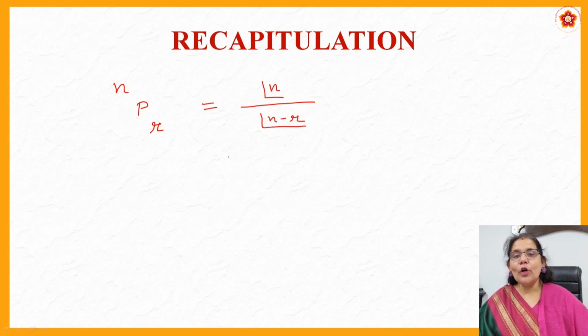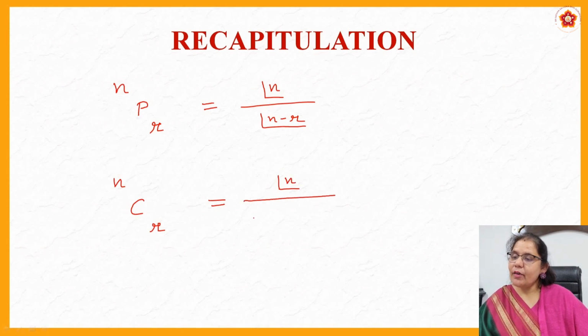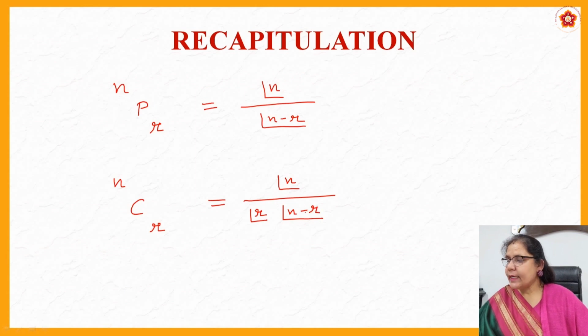When we talk of combination, we write it as nCr. That means out of n objects, r are chosen, and the formula for nCr is factorial n divided by factorial r, and in the denominator itself we have factorial n minus r.